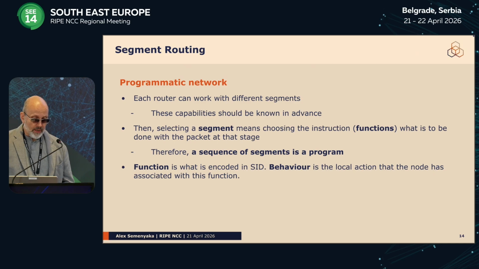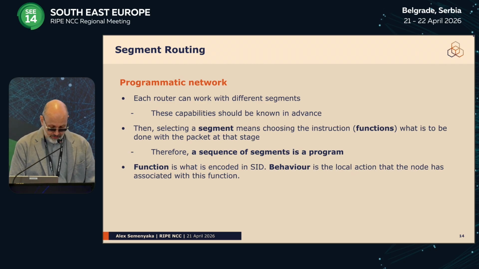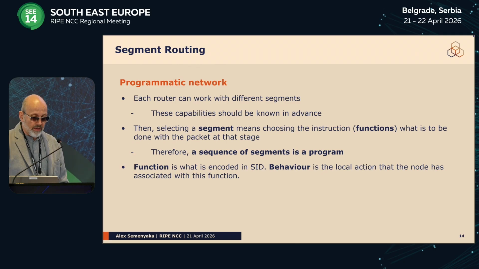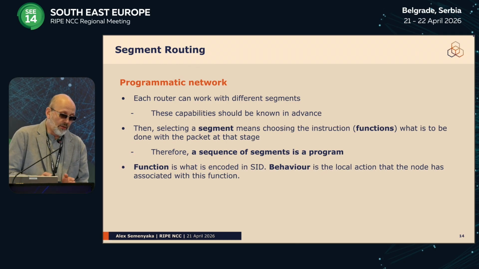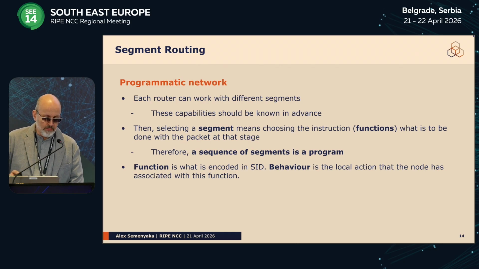So basically, what does it mean? That means that we can describe the capabilities, the ways we want to deal with on each router, and then selecting a next segment means that we are choosing the instruction, or in segment routing we call it function, of the router, what to do with this packet.